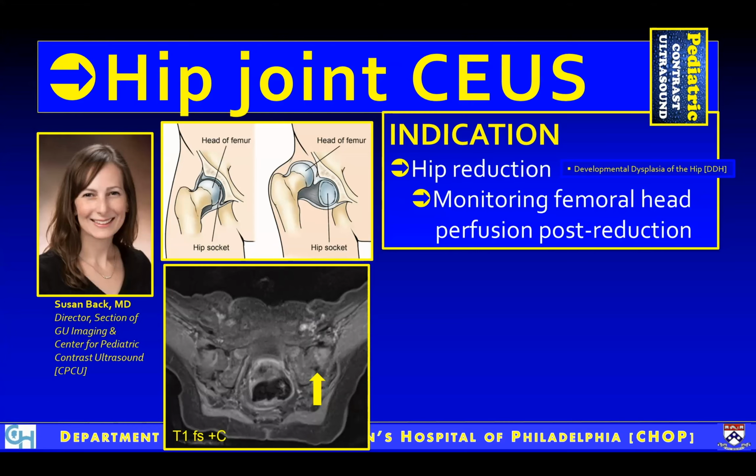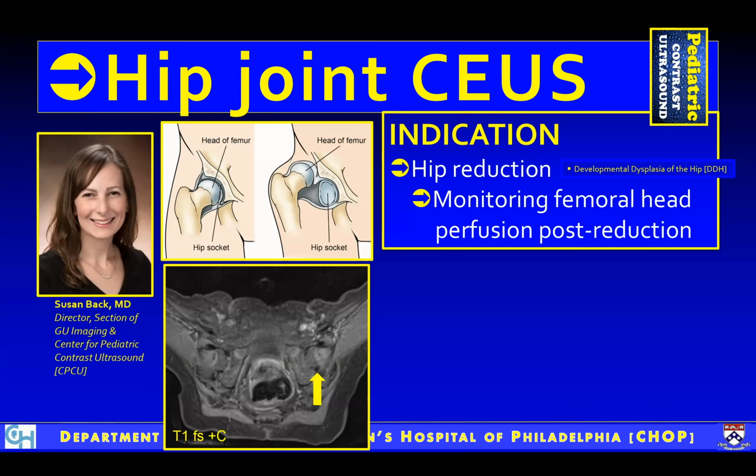The practice that has been in place is that in the OR, the orthopedic surgeon does the reduction, and then after the OR, still with anesthesia, the patient goes directly to MRI, and we do a contrast MRI to depict the femoral heads and to tell the orthopedic surgeon the hip reduction is good.